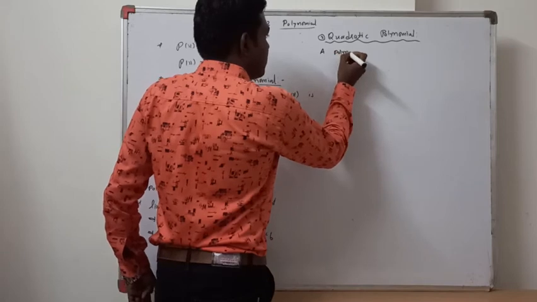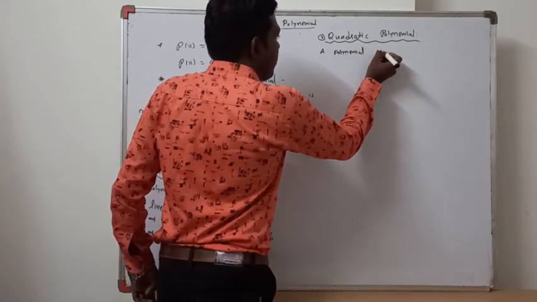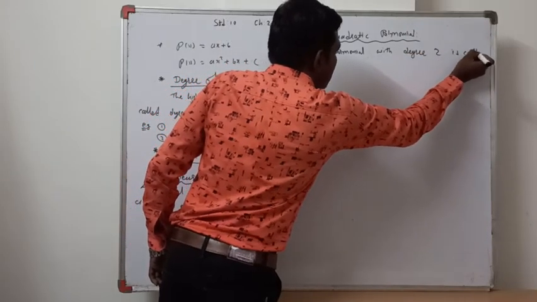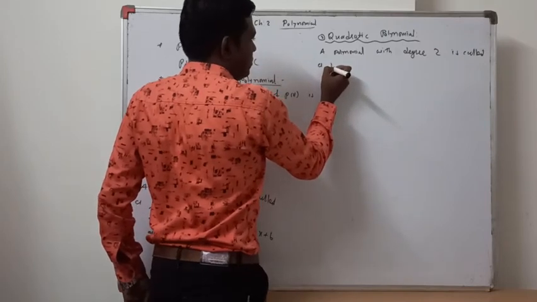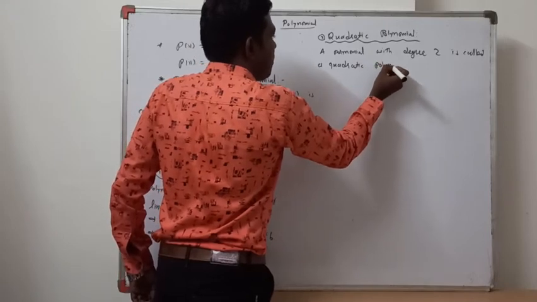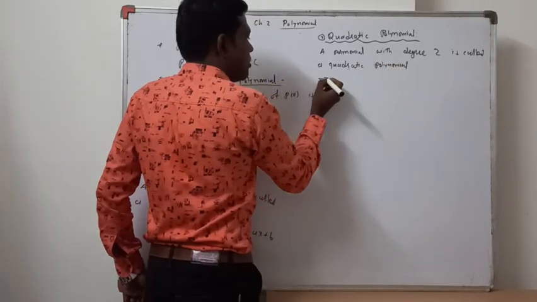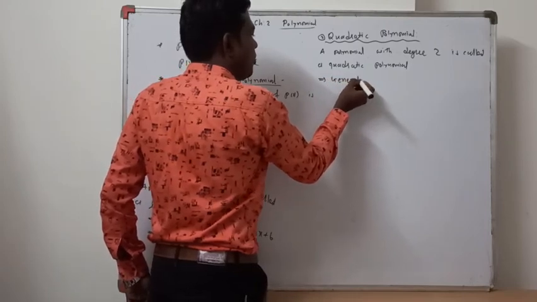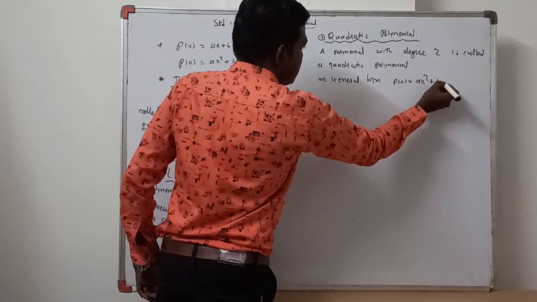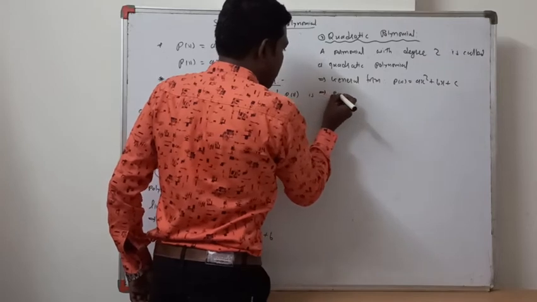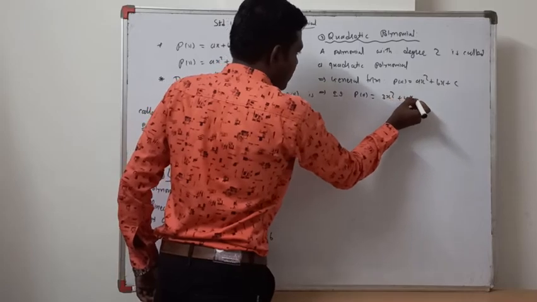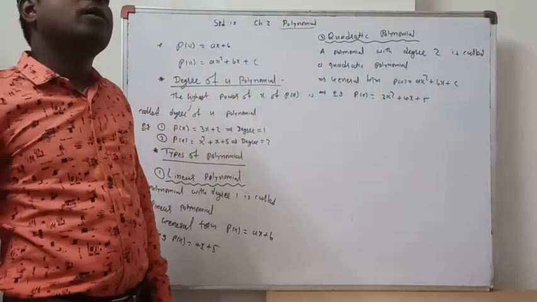A polynomial with degree 2 is called a quadratic polynomial. Now the general form of a quadratic polynomial is p(x) equals ax square plus bx plus c. This is the general form, and we will also write one example, that is p(x) equals 3x square plus 4x plus 5. This is the example of a quadratic polynomial.